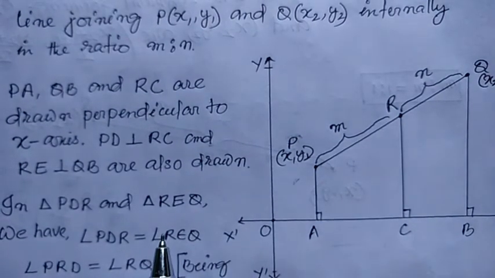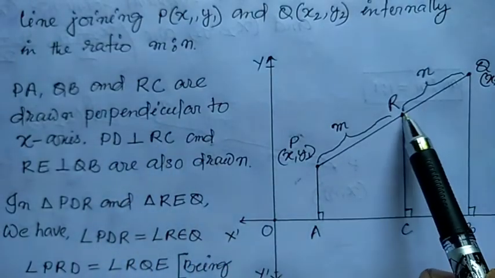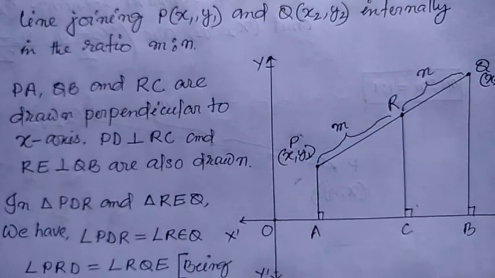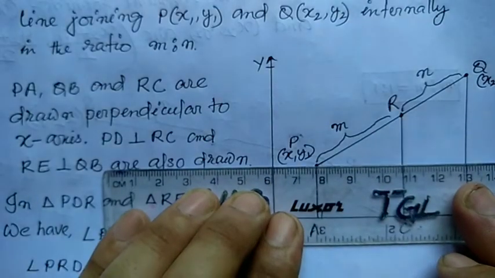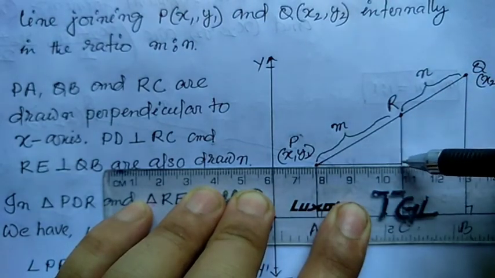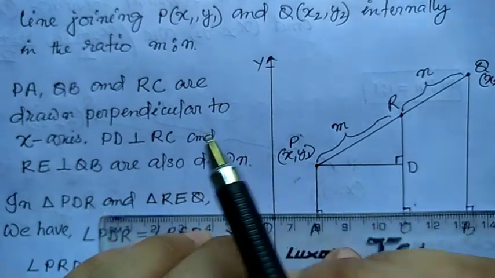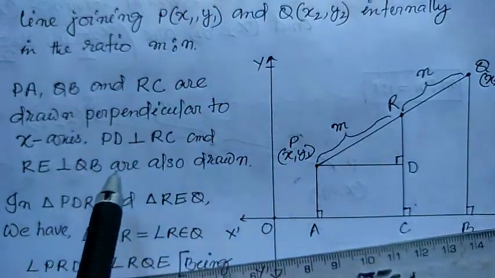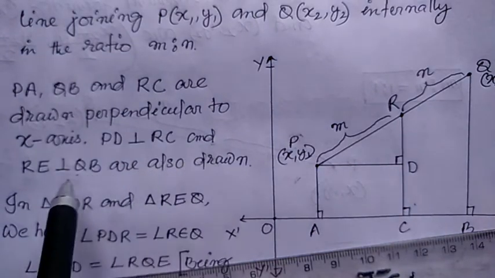Then let's continue reading. PD perpendicular to RC. Here you can see RC and you can see P. So we draw PD. This is point D and this is a perpendicular. Like that, RE perpendicular to QB is also drawn.